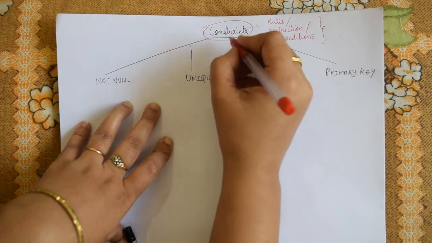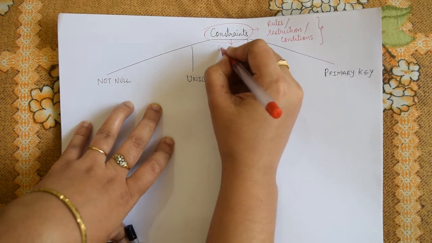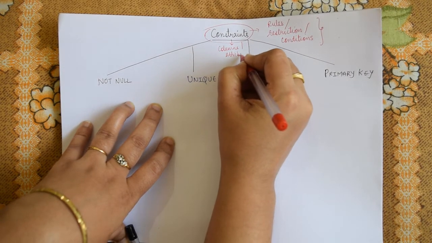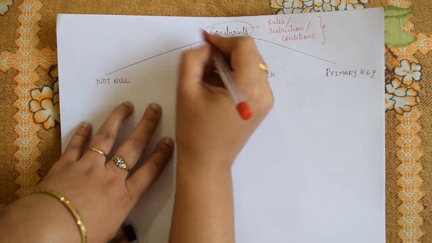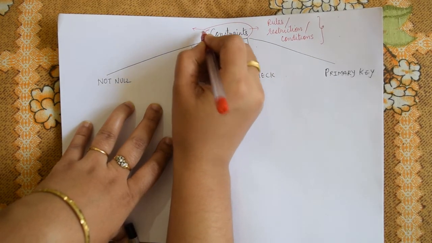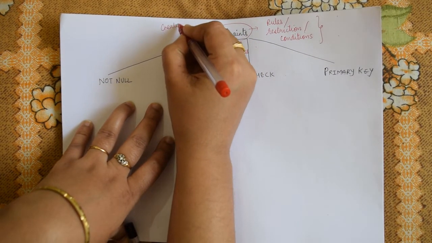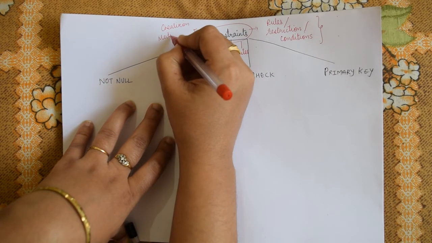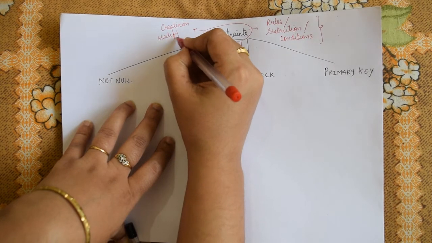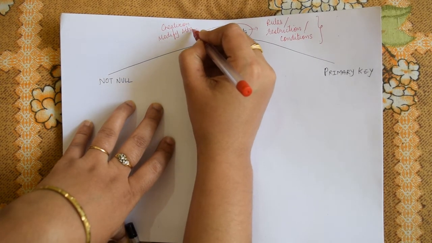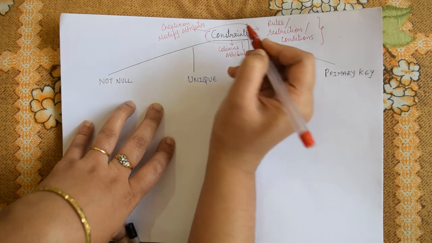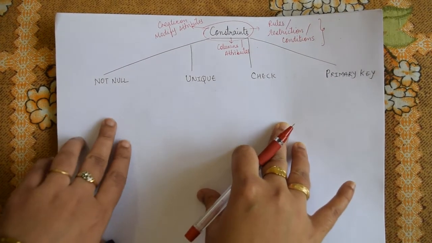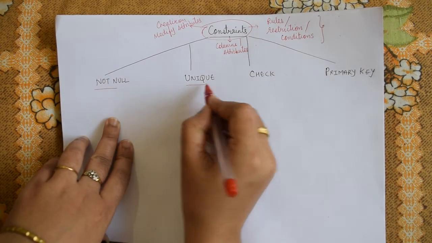Constraints are basically applied on the columns, or the attributes of the table, and we can apply these constraints at the time of table creation or at the time of modifying the attributes of the table. There are different constraints, and I am going to explain not null, unique, check and primary key.